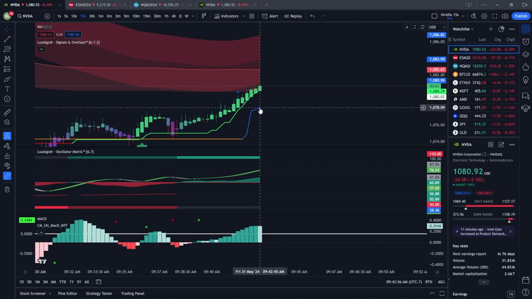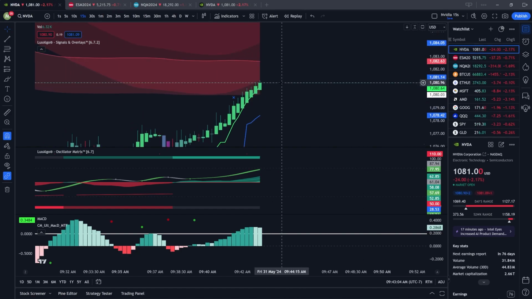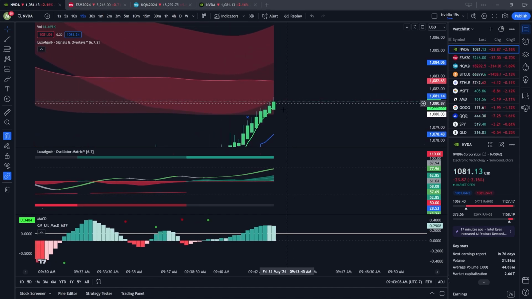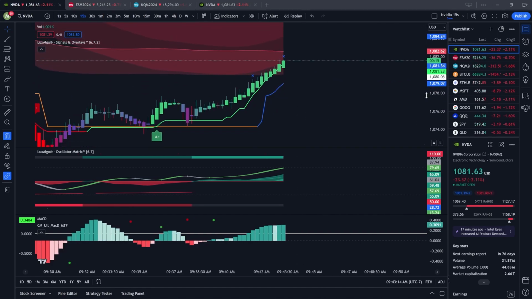We got blue now on the trend tracer. So maybe you could hold this a little longer, but we know we're probably getting near the top of the move, but this is a good move right here.